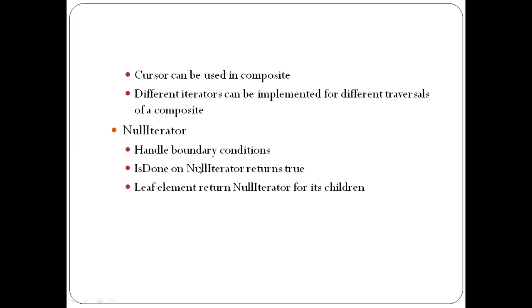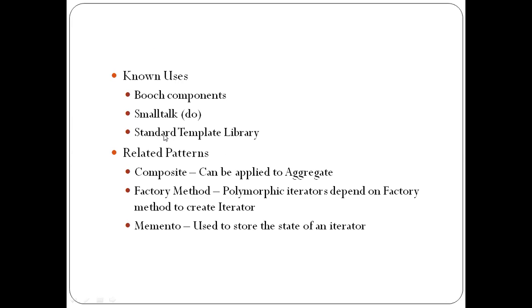And the boundary conditions of the concrete aggregate object can be handled using a null iterator. Whenever we are at the end of the concrete aggregate object, which is given by the is done operation returning true or false, we can have a null iterator at the end.